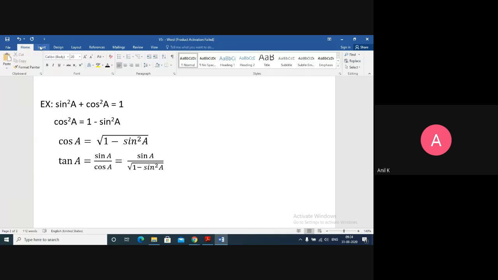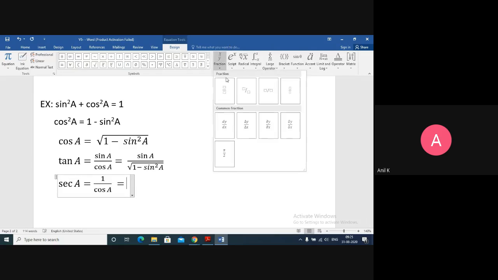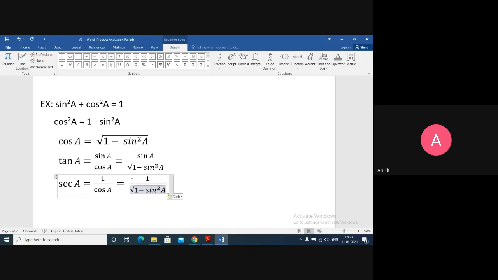Now next one is sec A. Sec A equals 1 upon cos A. You can put this as 1 upon under root 1 minus sin square A. So sec is also in terms of sin only.